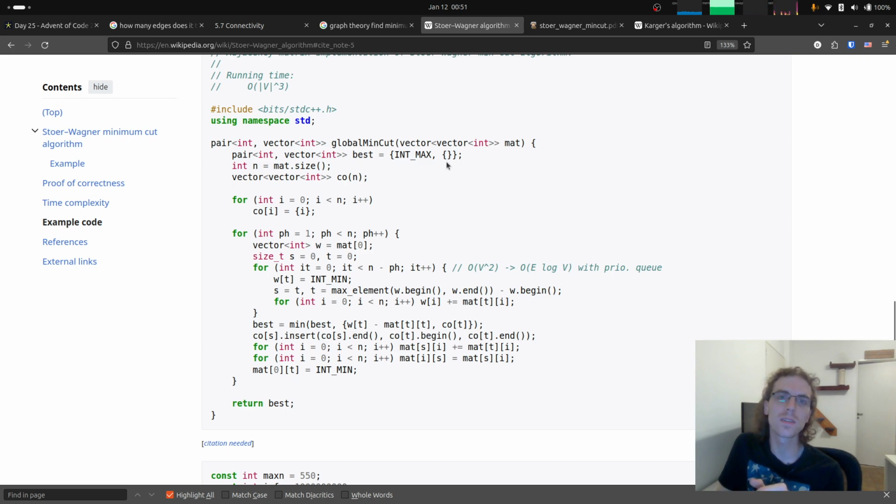We just need to make the adjacency matrix for our graph, feed it into this, and then we'll have a minimum cut. Then once we have the minimum cut, we can just make the cut in the graph and remove those edges. But wait, what are these ints actually?